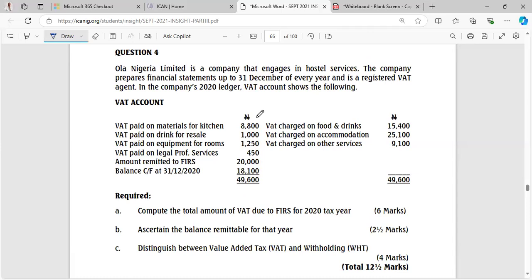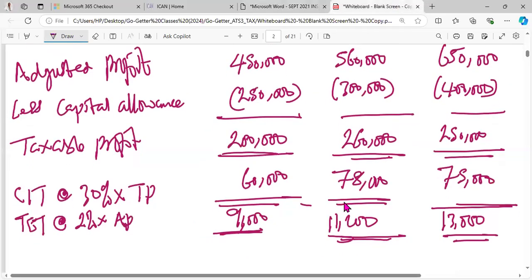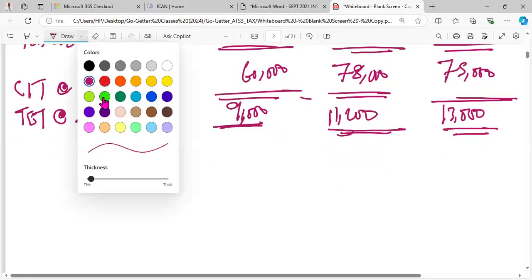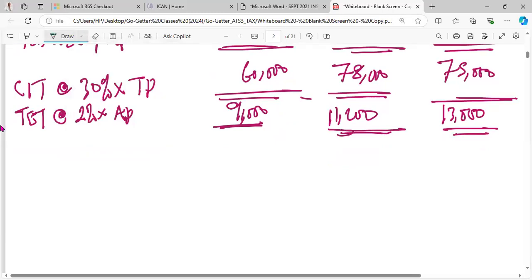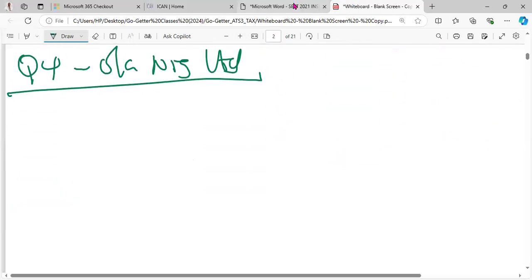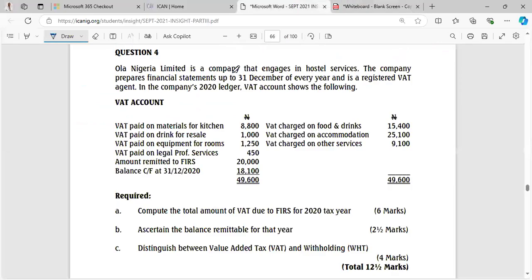Question number 4. Ola Nigeria Limited. So let's change the color of the pen. Ola Nigeria Limited is a company that engages in hostel services.